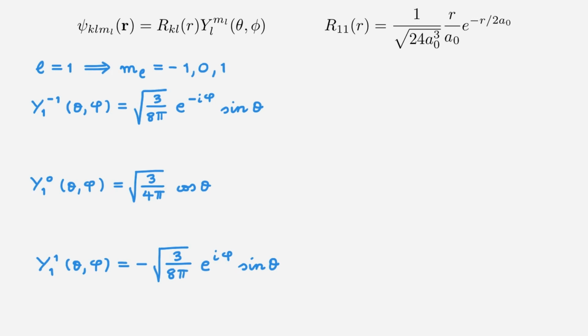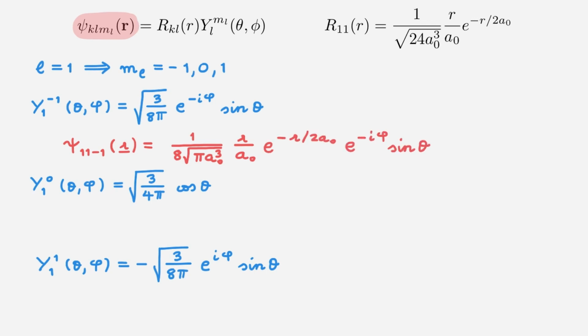This leads to 3 distinct eigenfunctions, and we are going to start with the KL-ML labels as shown up here. The first one is psi11 minus 1 and is given by this combined prefactor, the R-dependent terms, and the angular dependent terms.